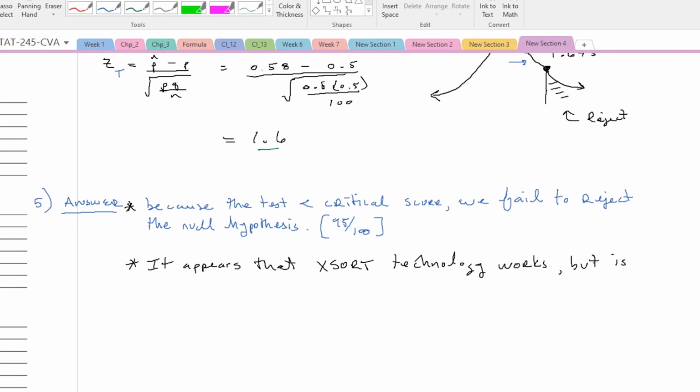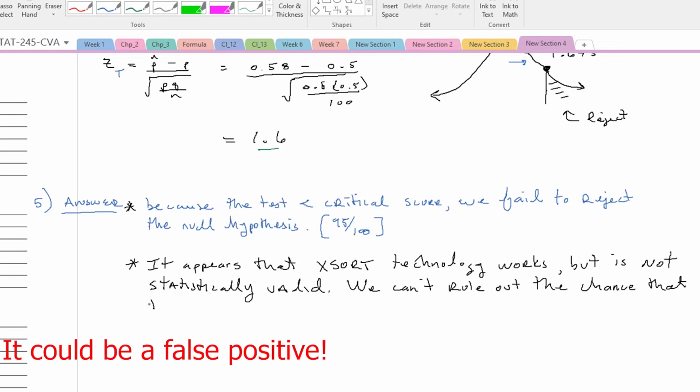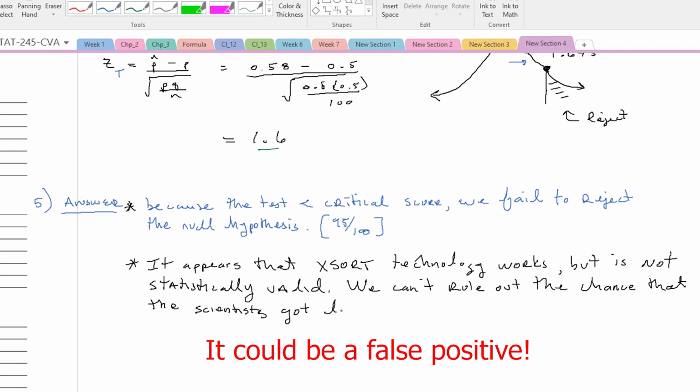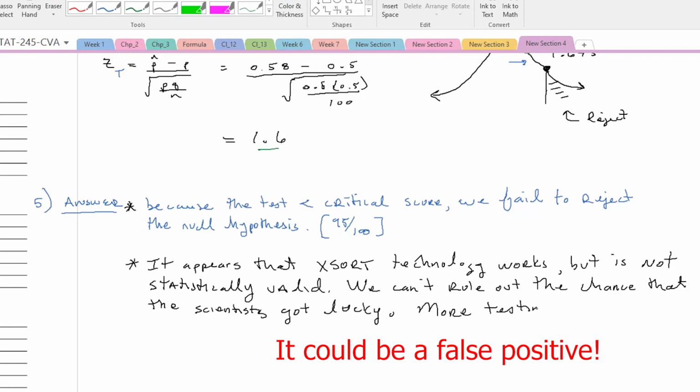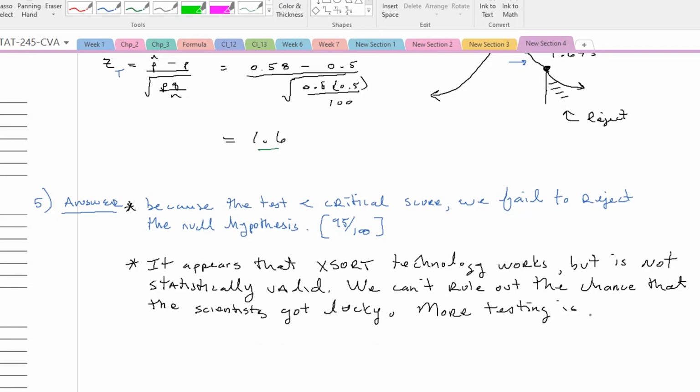It appears that XSort technology works, but is not statistically significant, or is not statistically valid. Or you can say, we can't rule out that it was just luck. Or another way you can say it is, more testing is needed to validate the results. All this kind of good stuff.